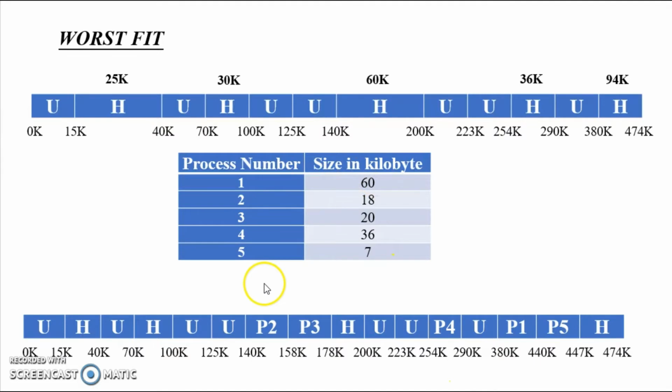After that, we start our last process, process 5. Process number 5 contains 7 kilobyte. So we start from the first one, 25 kilobyte, 30 kilobyte, 22 kilobyte, and the last one is 34 kilobyte.